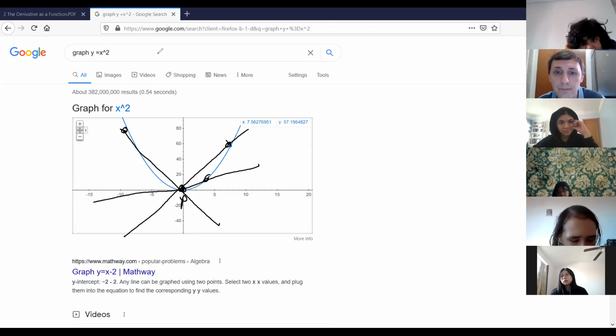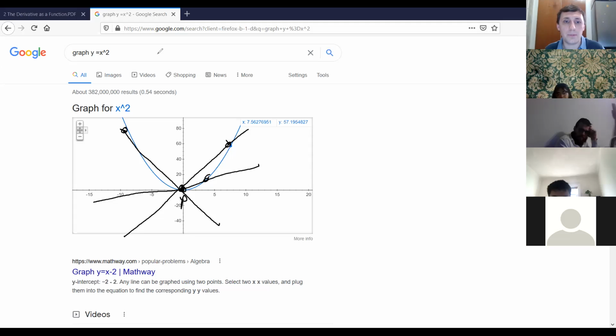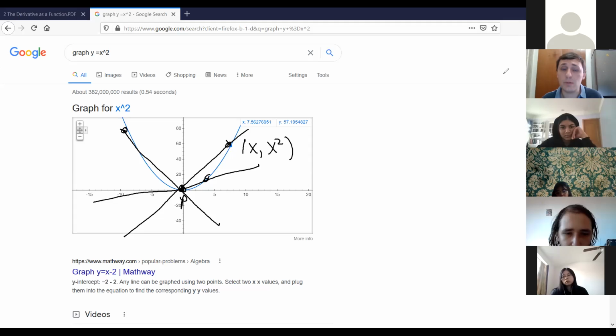You follow me? Now, what happens? Look at it. This point here is some point x squared, for the parabola. Now, x squared is still far from the point 0, 0.